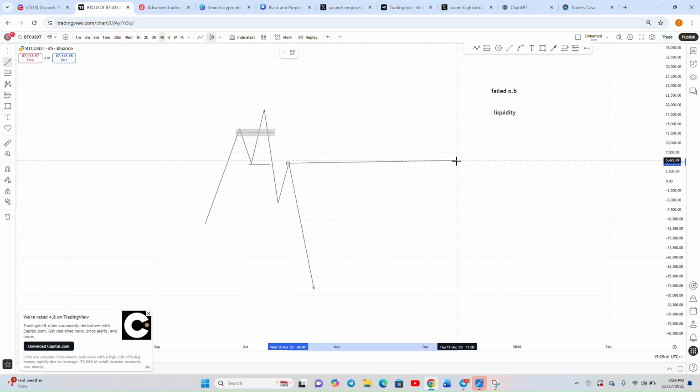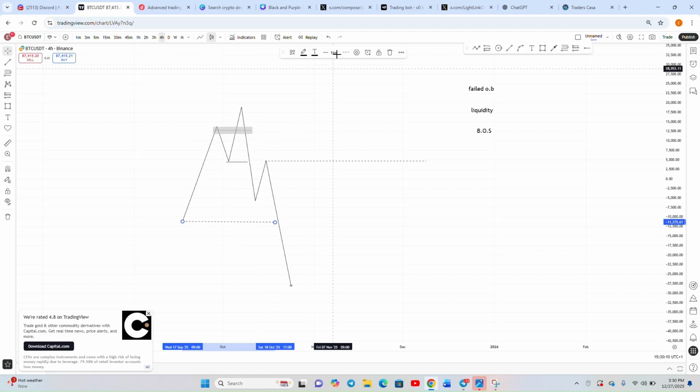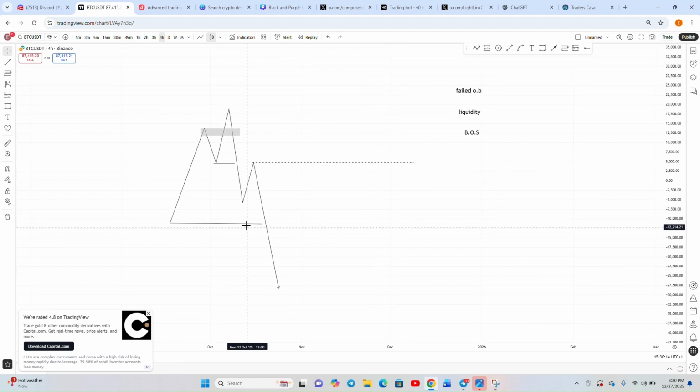Most of the time this is liquidity. And then after that I want to see a break of structure, and this is our break of structure here, depending on where the market is coming from.